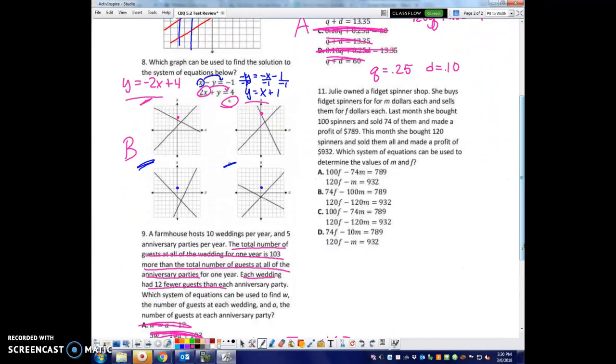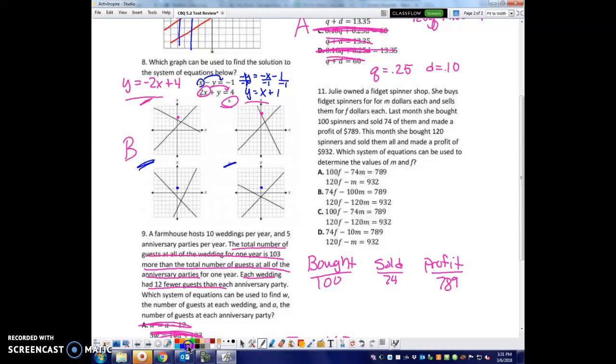Number 11, last one. Julie owns a fidget spinner shop. She buys fidget spinners for M dollars each and sells them for F dollars each. Last month she bought 100 spinners and sold 74 spinners and made a profit of $7.89.